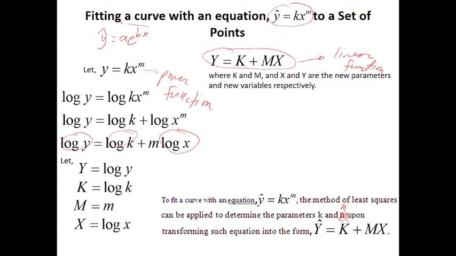So we are to transform this in terms of a linear function. This is an exponential function, right? And we are to transform it to a linear function. So that was performed in my previous discussion. Alright, so we now move on with our topic.